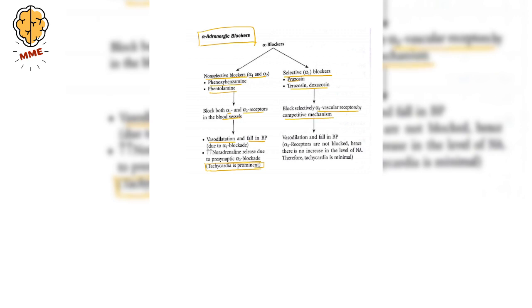Vasodilation and fall in BP is seen. Alpha 2 receptors are not blocked, hence there is no increase in level of noradrenaline. Therefore, tachycardia is very minimal. So, this adverse effect can be avoided by giving prazosin.